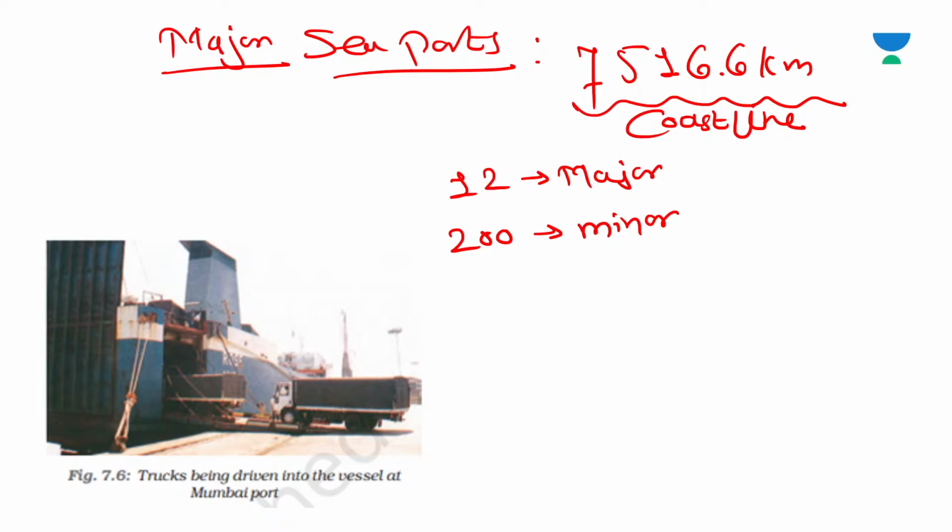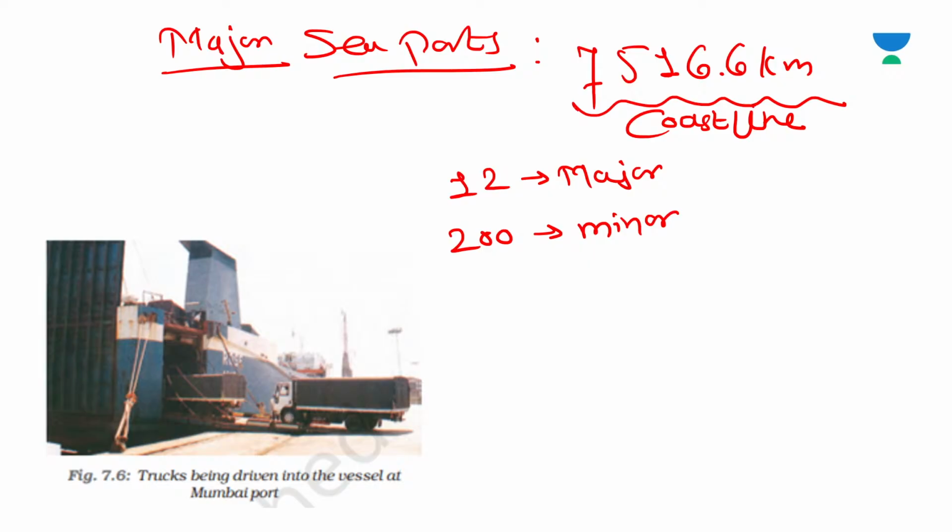So Kandla in Kutch was the first port developed soon after independence to ease the volume of trade on the Mumbai port, in the wake of loss of Karachi port to Pakistan after the partition. So Kandla, also known as the Deen Dayal port, is a tidal port.